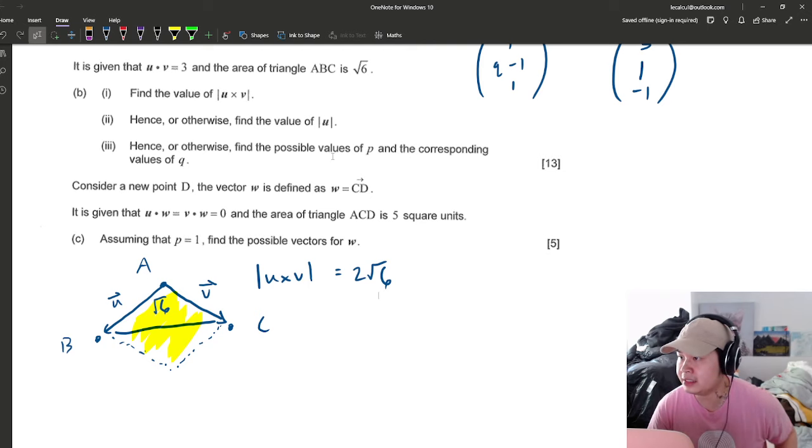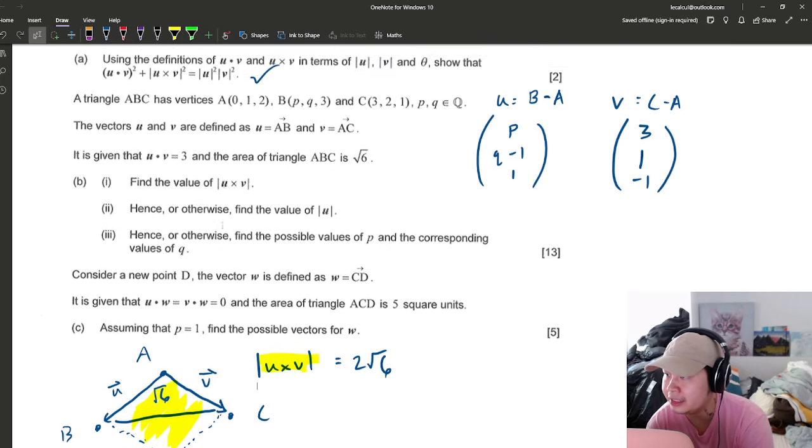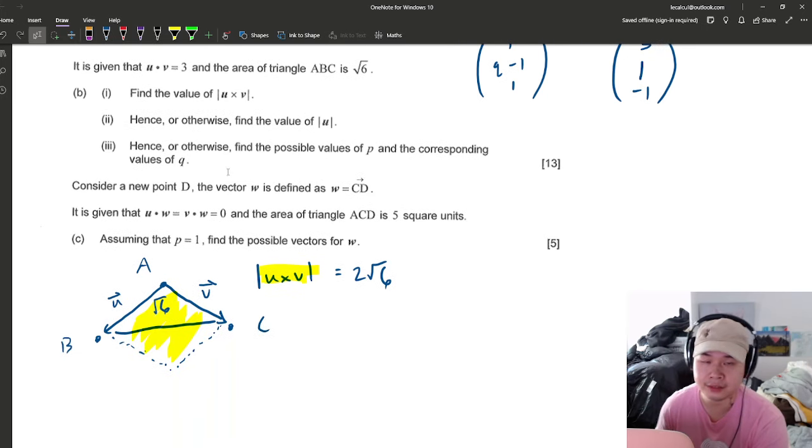Next up is: hence or otherwise, find the value of the magnitude of u. Now that we know this, and they told us this, we can use this formula and solve for the length of u.